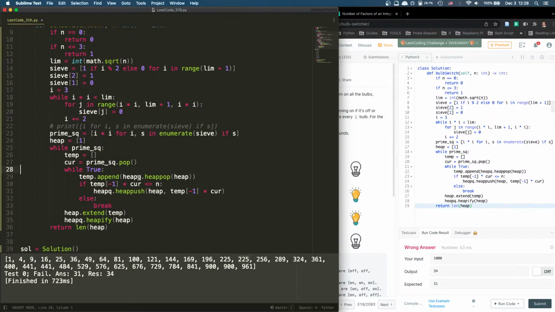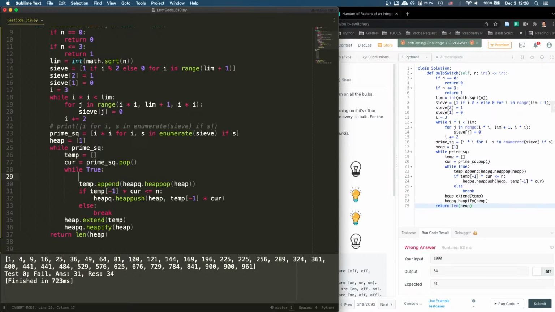So on the heap, if this is the same, then we keep the, okay, so we can call it x. I don't know what to call. Right?